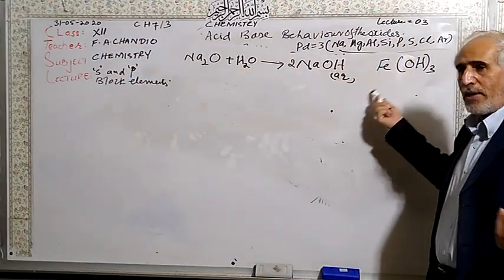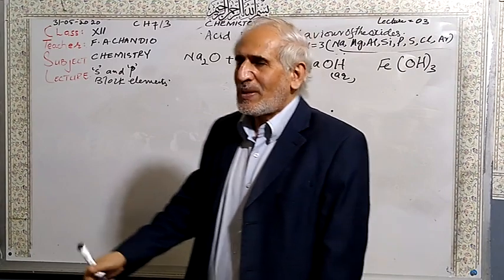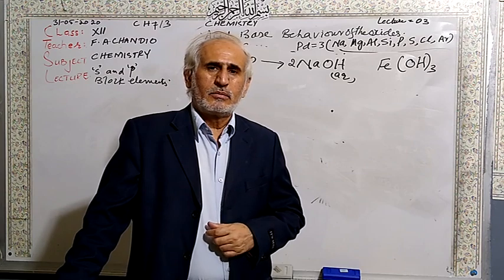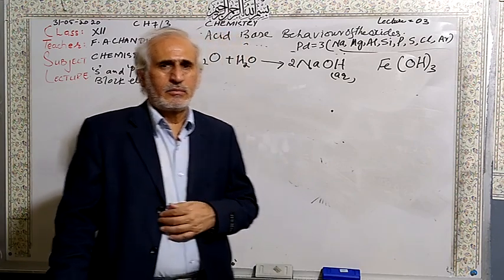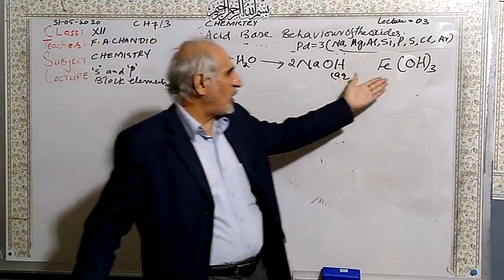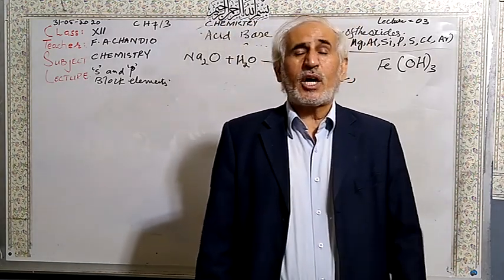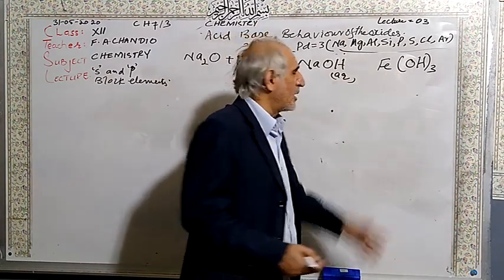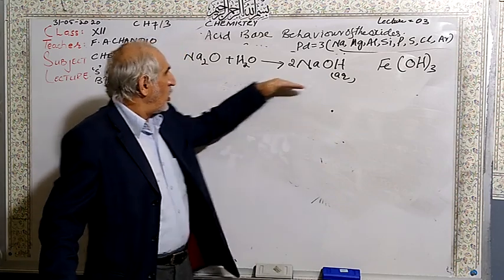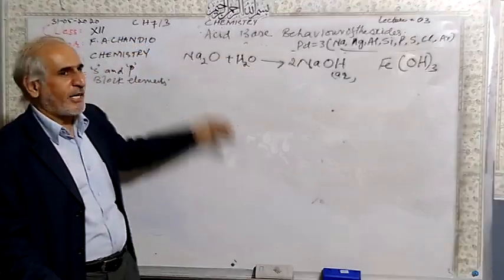Now alkali means those bases which are highly soluble in water, and they dissociate. Sodium hydroxide is highly soluble in water and it is an exothermic reaction. Ferric hydroxide is not dissolved in water. Aluminum hydroxide, chromium hydroxide, they are insoluble. So they are only called bases because of the presence of OH ions. So sodium oxide dissolved in water makes sodium hydroxide, a very strong base. That's why its oxide is basic in nature.